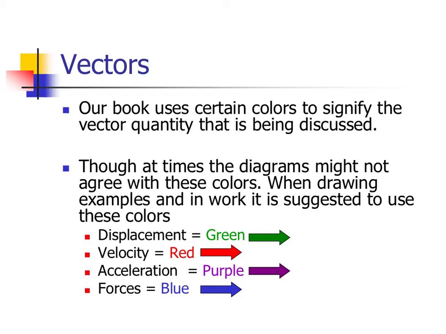Some of the ones that we try to hold ourselves to: displacement is green, velocity is red, acceleration is purple, and forces are blue. Those are, for the most part, pretty standard. You might see displacement and velocity switched. I've seen it before. You just have to pay attention to the reference material that you're using.